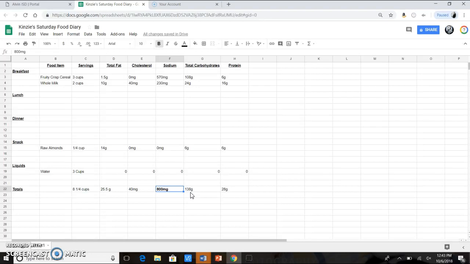Let's see here. 138 divided by 6. So 23. So I've already had probably about 50% of the total carbohydrates I should have in the whole day, and I haven't even made it to lunch yet. So again, just a couple things to think about.